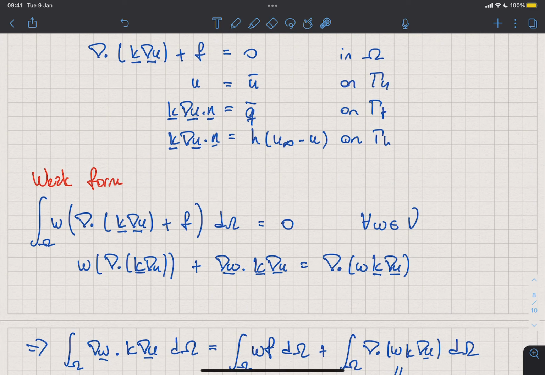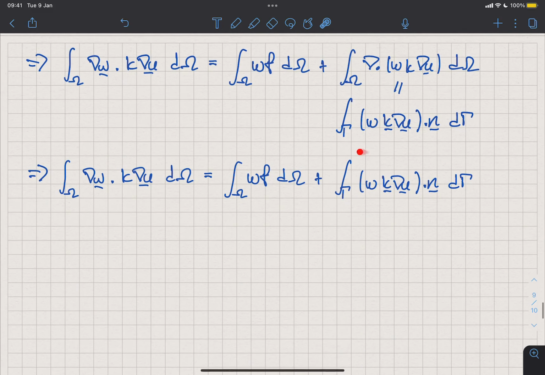So what I'm going to do, because this last integral is applied to the entire boundary, and we know that the boundary is composed of three parts. Remember, there is a part of the boundary where we're prescribing Dirichlet boundary condition, there is a part where we're prescribing Neumann boundary condition, and there is one where we are prescribing Robin boundary condition. So we can actually just split that term into three components.